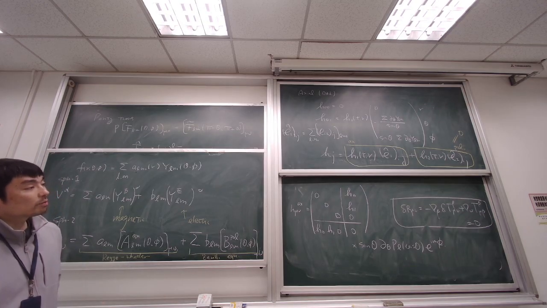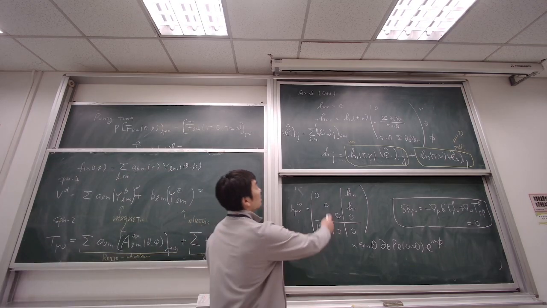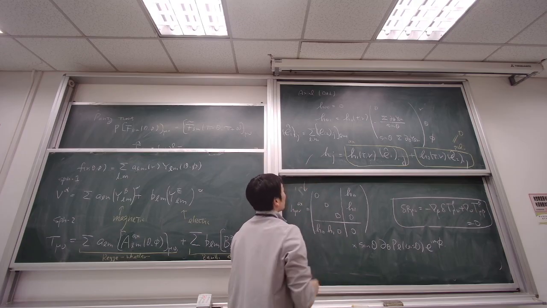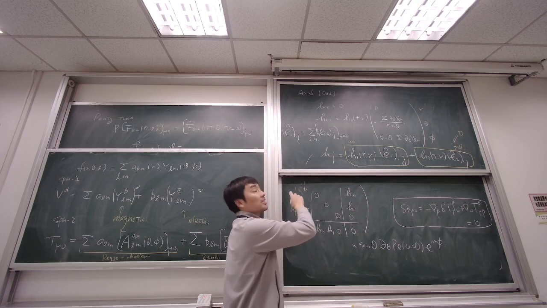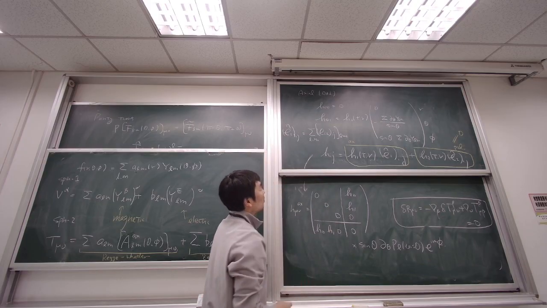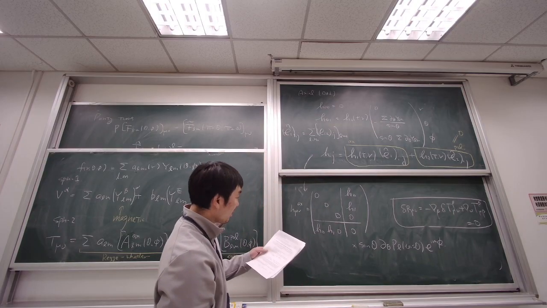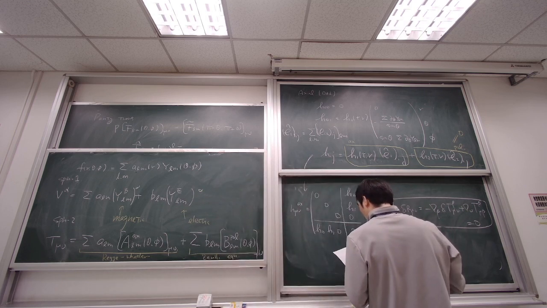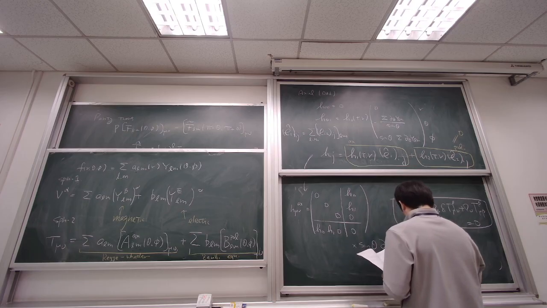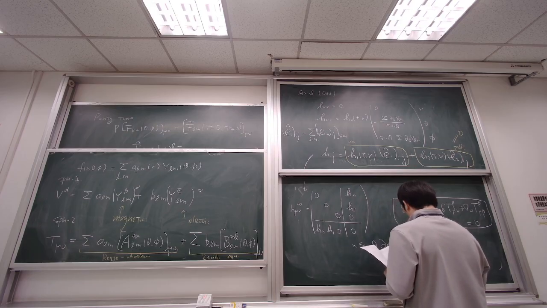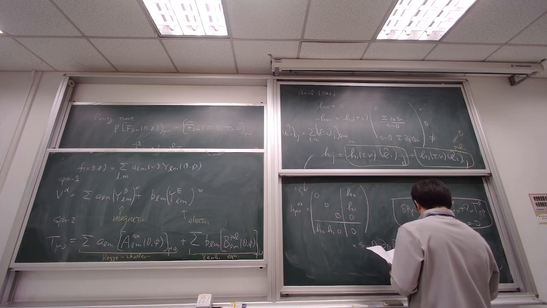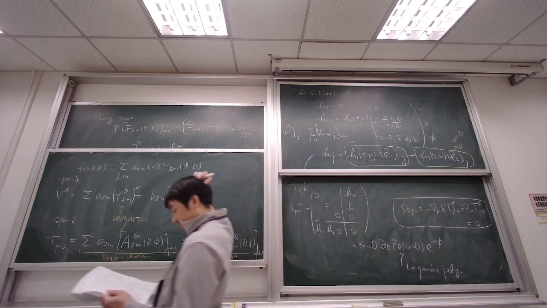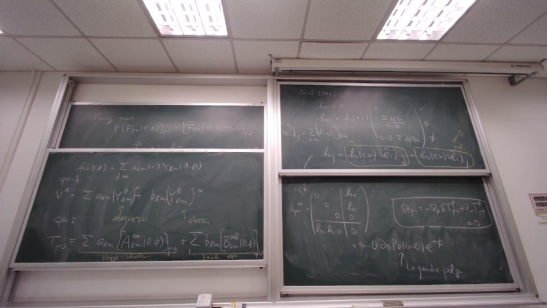I think it's too simplified. Sorry, to be honest, I don't know this step. Let me accept this fact. Maybe next time I will explain why this is the case. I don't know why it has become so simple like this. And of course, this is a Legendre polynomial.